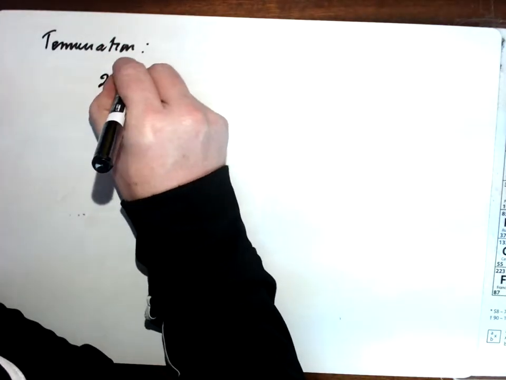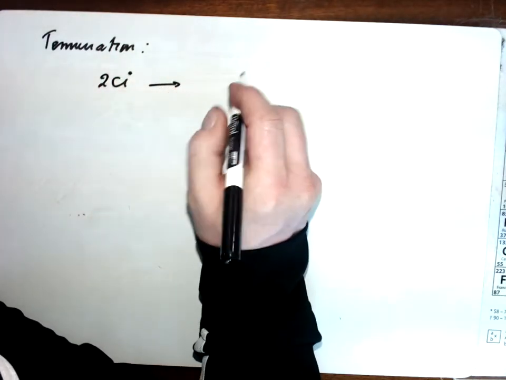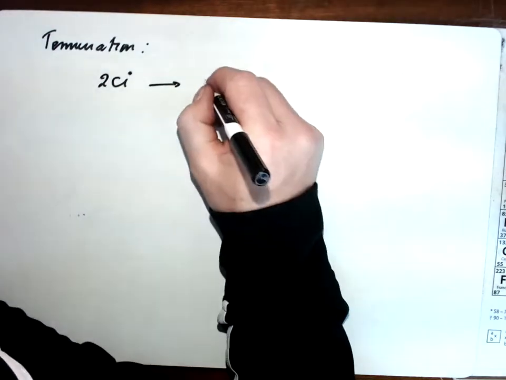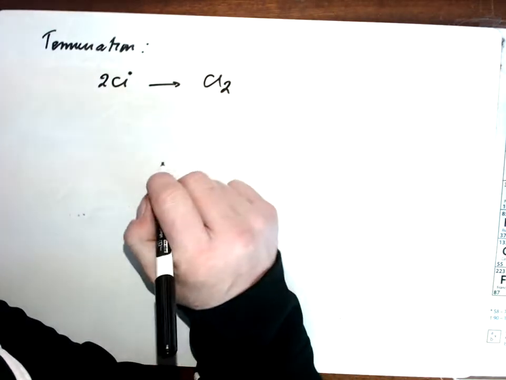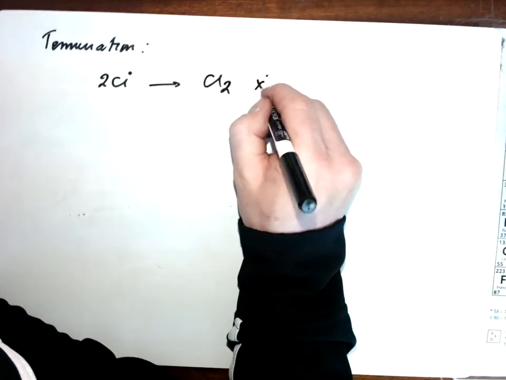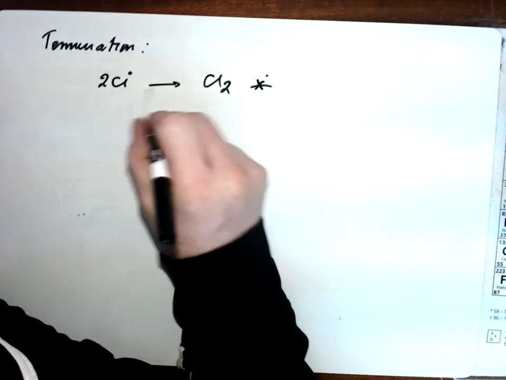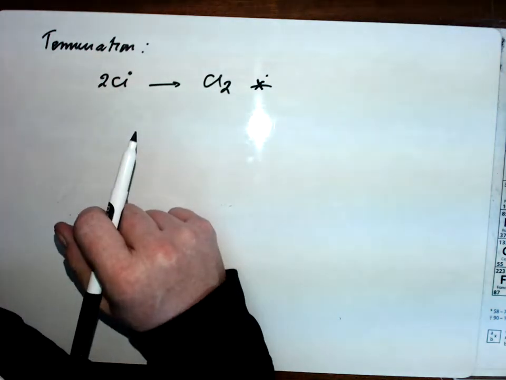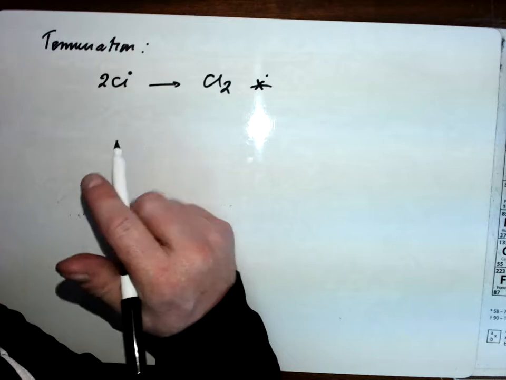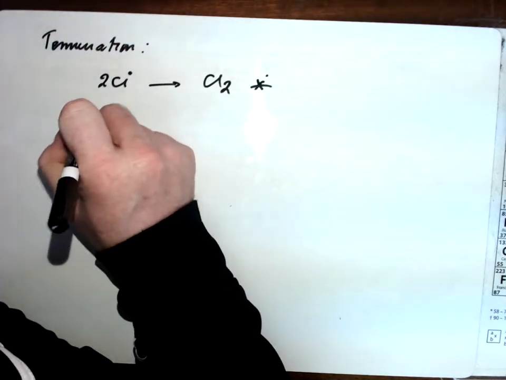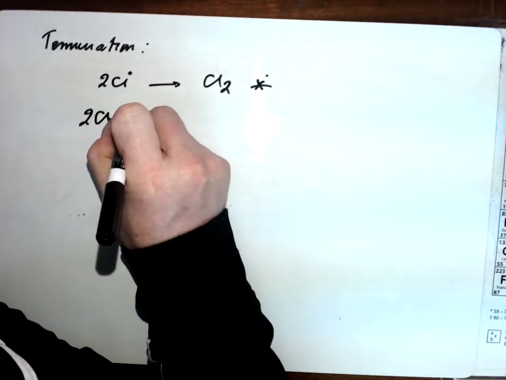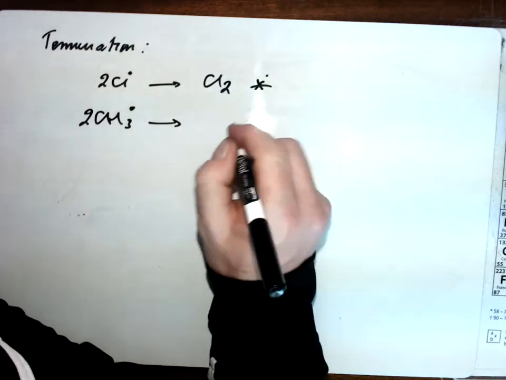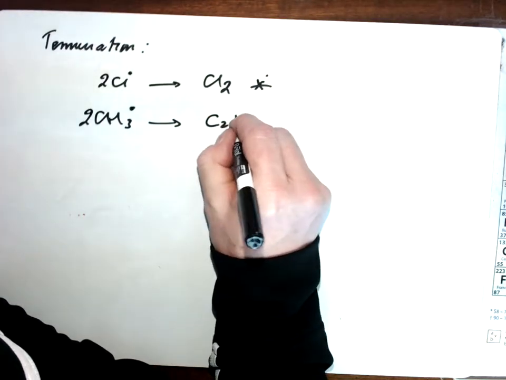So two chlorine radicals may well, because of the way the reaction goes, just bounce into each other and form chlorine. That is undesirable. You don't want that, because chlorine is what you want to actually be reacting with your methane to make your chloromethane. You might also get two methyl radicals bang into each other, and they'll pair up to give you ethane.